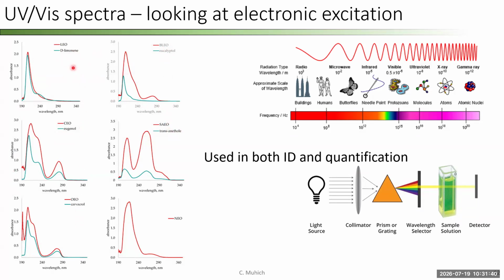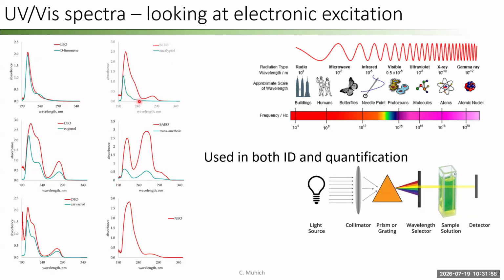So here I'm showing examples of various natural product spectra. So this is limonene. We've talked a lot about that. Eucalyptol from eucalyptus, eugenol, etc. Hopefully these names are showing up. And what you'll notice is their structures, they have slightly different spectra, right?